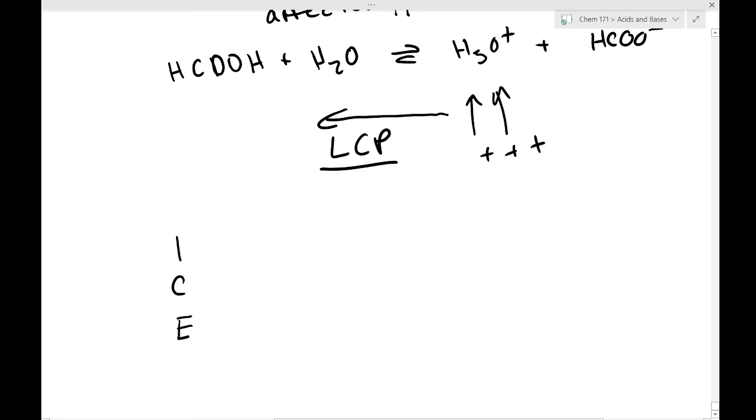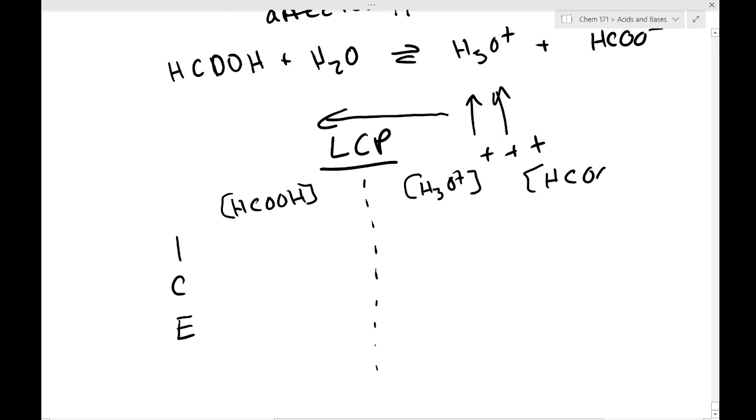We have HCOOH concentration, H3O+, and HCOO- concentration. Now, the initial concentration of HCOOH is 0.10 molar. We're already getting that from the initial part of the solution.